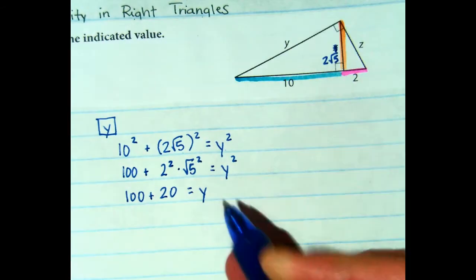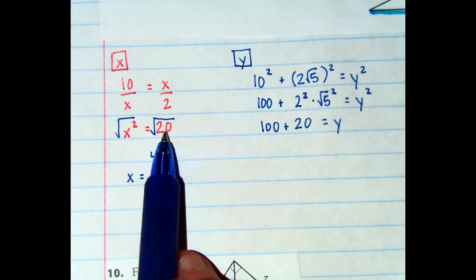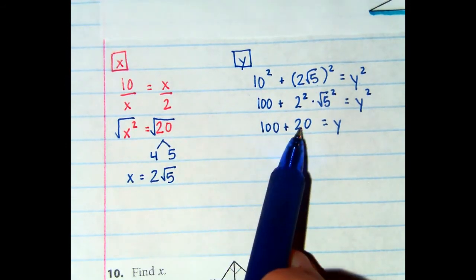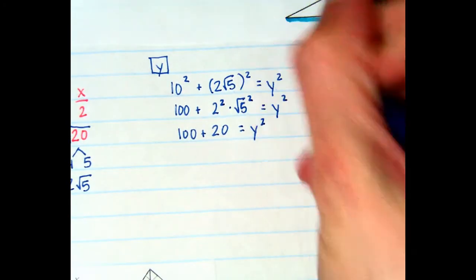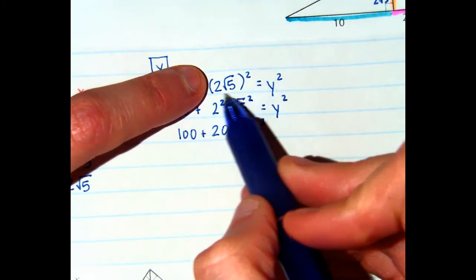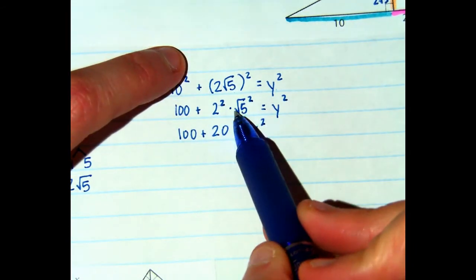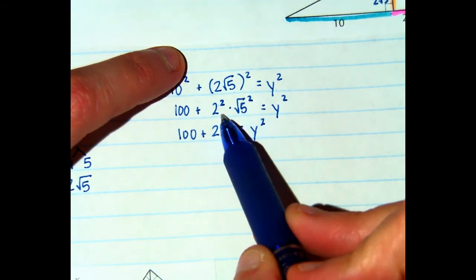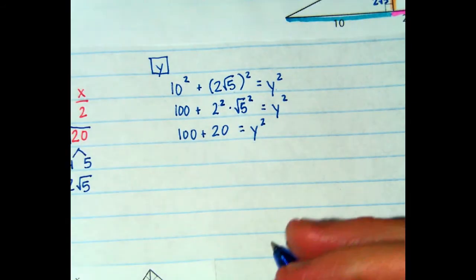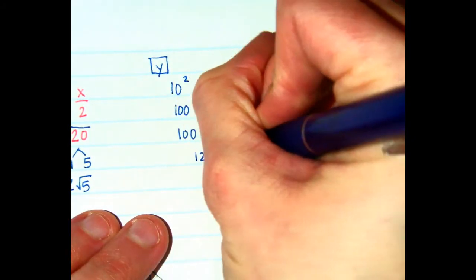Instead of doing this, it was the same as the square root of 20, and any square root squared is the number. I forgot my squared right here. Your calculator also understands this if you needed to type it in. But it's the same as 2 times 2, which is 4, times the square root of 5 squared, which is 5. So it's 4 times 5 is 20. Alright, so that is 120 equals y squared.